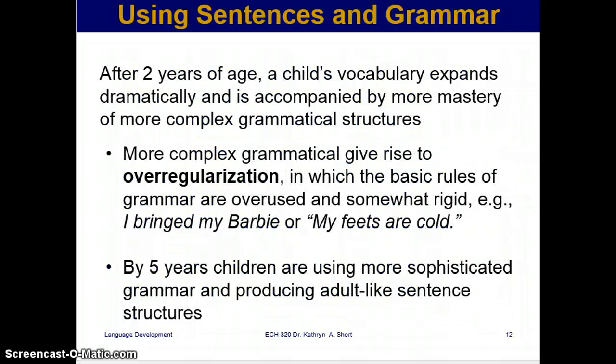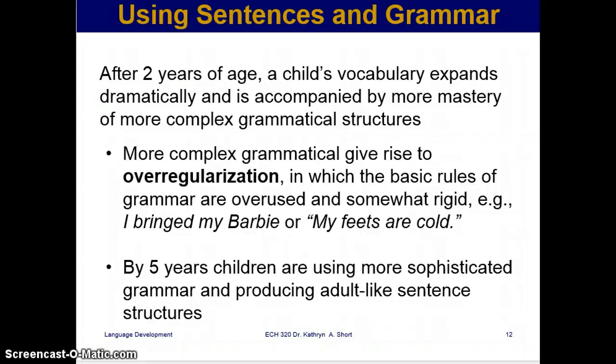Using sentences and grammar. After 2 years of age, a child's vocabulary expands dramatically and is accompanied by more mastery of more complex grammatical structures. So first point, more complex grammar gives rise to over-regularization, in which the basic rules of grammar are overused and somewhat rigid.